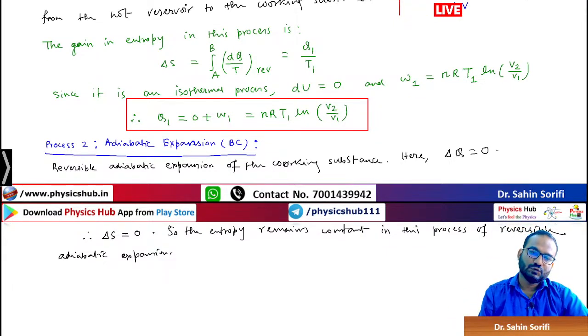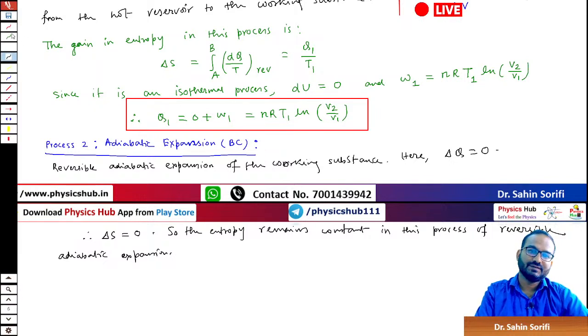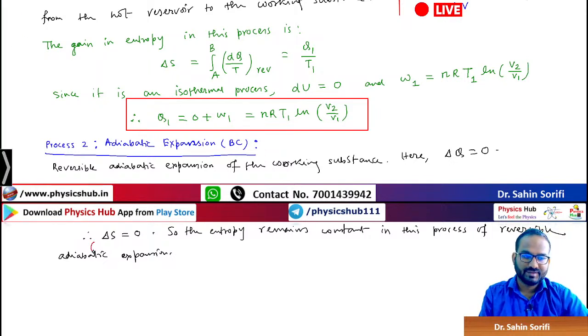Delta S is equal to 0. What does it mean? This is called an isentropic process, where entropy remains constant.